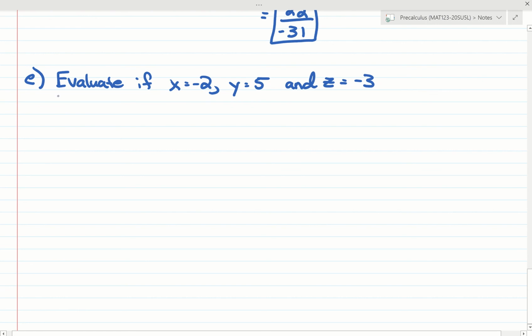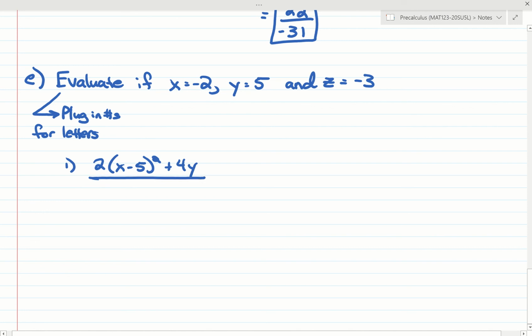And what evaluate means, evaluate just means plug in numbers for letters. All right, so let's take a look. What if we had 2 times x minus 5 squared plus 4y over z plus 4?